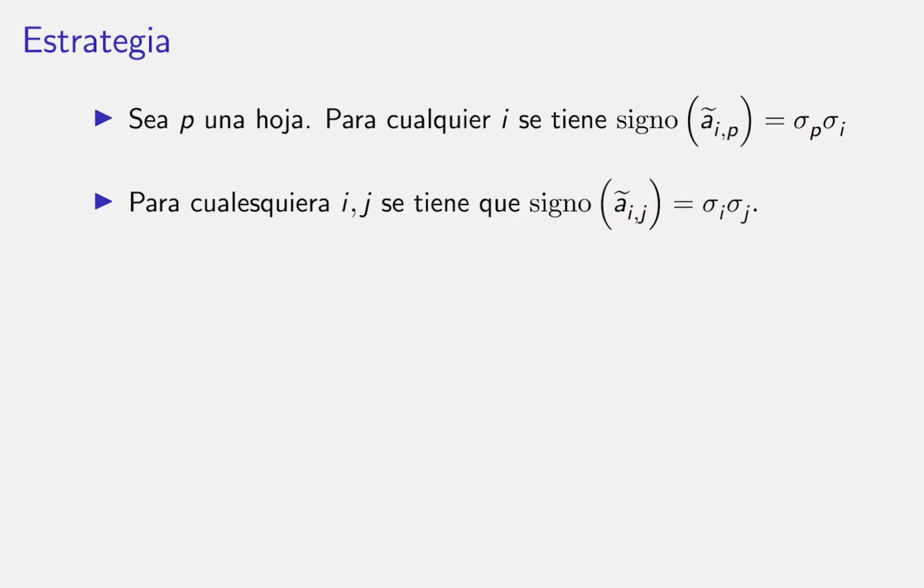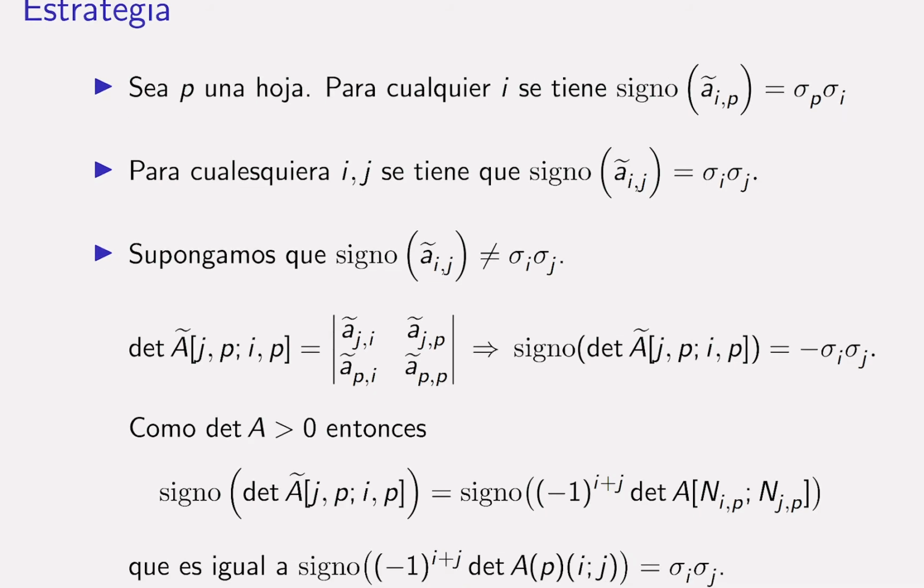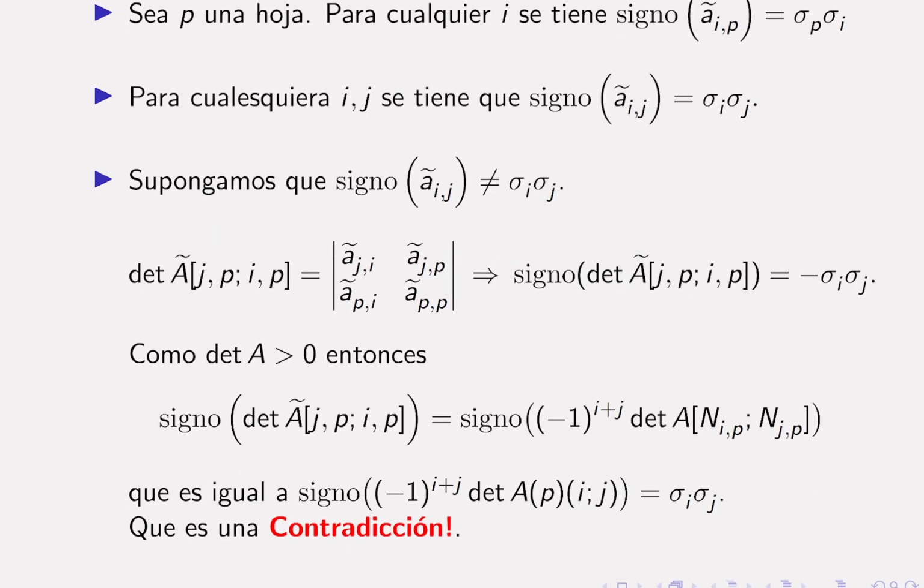So the last part is, I have any ij in the graph, and I want to get the sign of A tilde ij. I'm going to do it really quickly. In order to do it, let's say this is not true, so the sign is minus this value, because the sign is positive or negative.